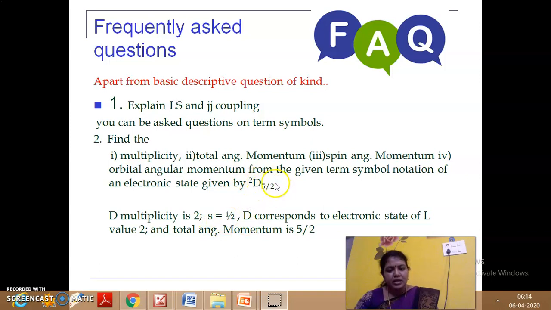And the total angular momentum is 5 by 2. Therefore, total angular momentum is the orbital angular momentum value 2 plus the spin angular momentum value half, so half plus 2 becomes 5 by 2. So this is how the term symbol problems can be asked.